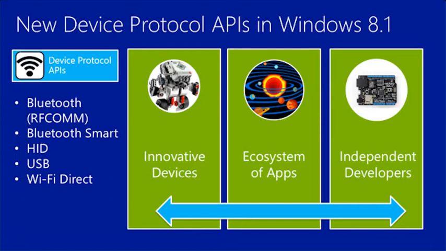And when we talk of an industry standard protocol, we mean HID, USB, Bluetooth, Wi-Fi Direct, etc. And these protocols have in-box support in the OS. In other words, Microsoft provides device drivers that let you talk to one or more devices that use these protocols.